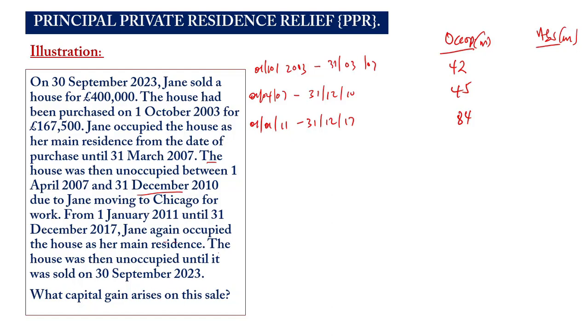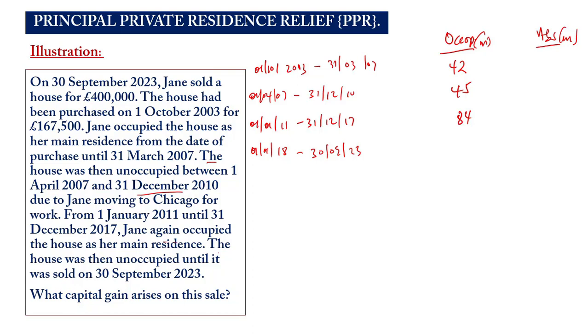Now, the house was then unoccupied until it was sold on 30th September 2023. So it means that from 1st January 2018 to 30th September 2023, it was not occupied. Let's look at the number of months now before we take the 9 months out.